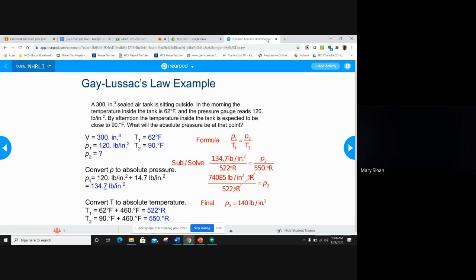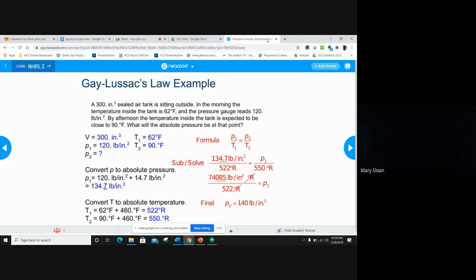All right, so we had to change our pressure and we had to change our temperature. So, next thing we're going to do is make it linear, right? P1, T2 equals P2, T1. We are looking for P2, so we're going to divide both sides by T1.